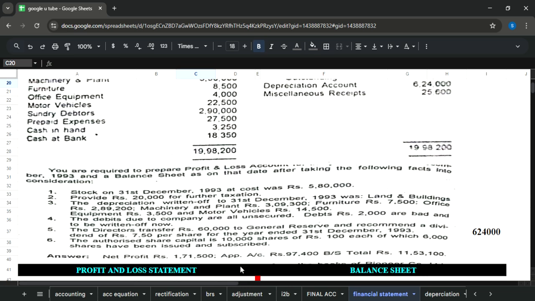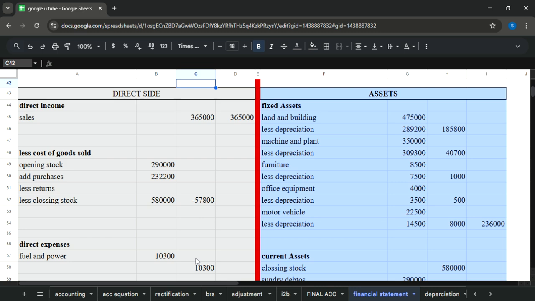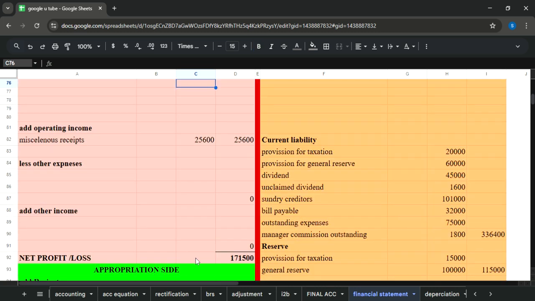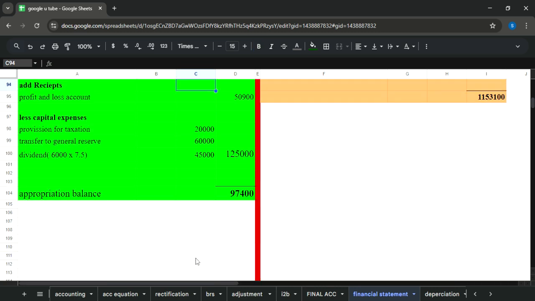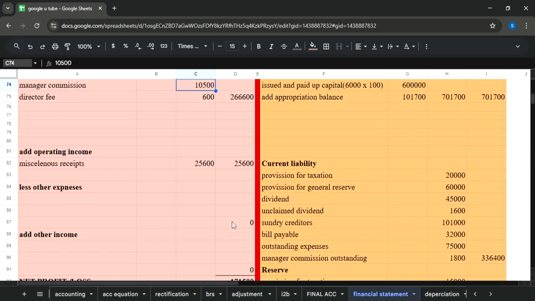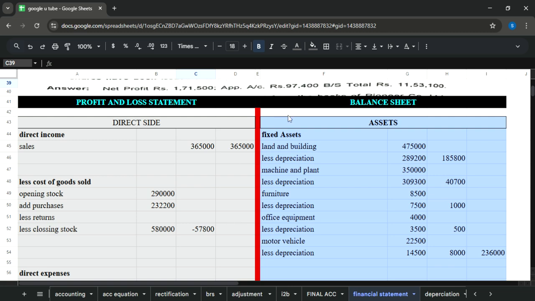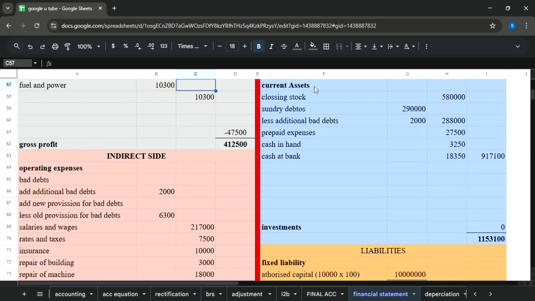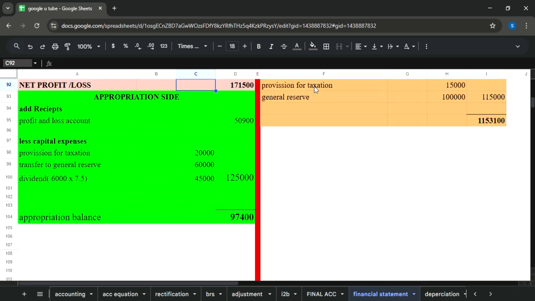Over here you can see the answer is now matched, 171,500. After that, our appropriation balance, because we have changed it, 171,500. And now the appropriation balance is 97,400, which is also matched, 97,400. So both answers are matched.